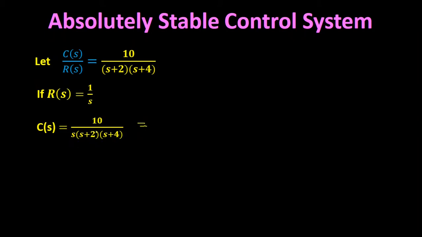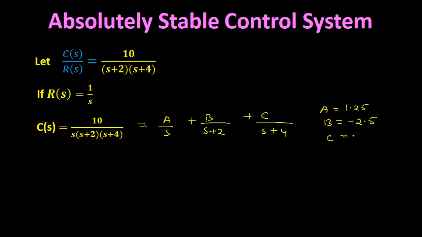Now we will apply partial fraction method to this equation. We will get A/s plus B/(s+2) plus C/(s+4). When we solve this and find out A, B and C values, we will get A equal to 1.25, B equal to minus 2.5 and C equal to 1.25.